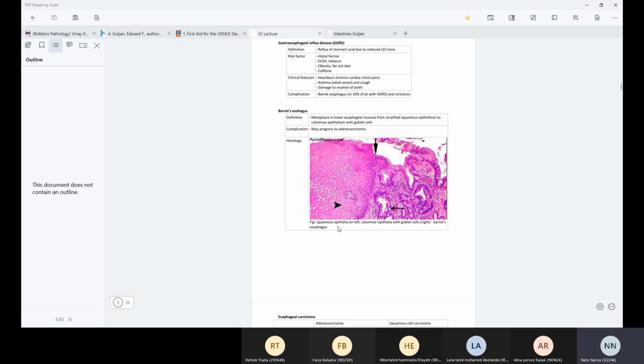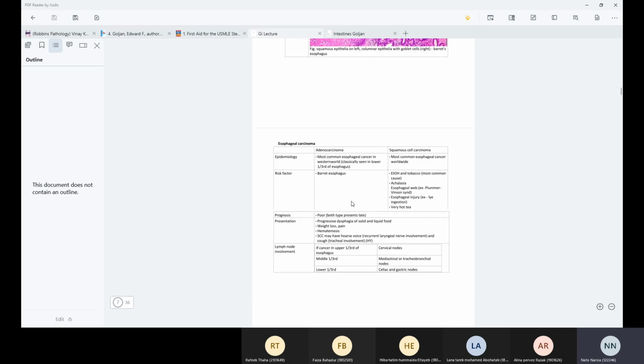For that reason, if you find a tumor in the lower esophagus, always pay attention to location. If you find a tumor in the lower esophagus, it will be adenocarcinoma. But if you find it in the upper two-thirds, the upper and middle part of the esophagus, it will be squamous cell carcinoma.